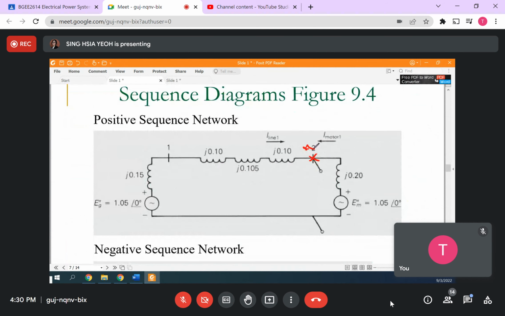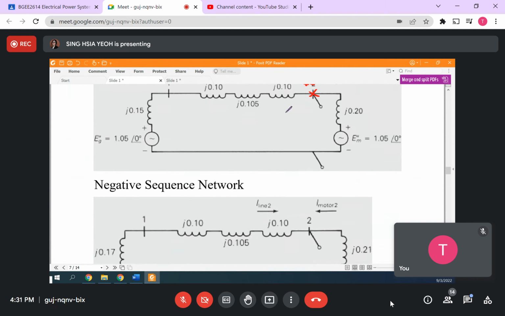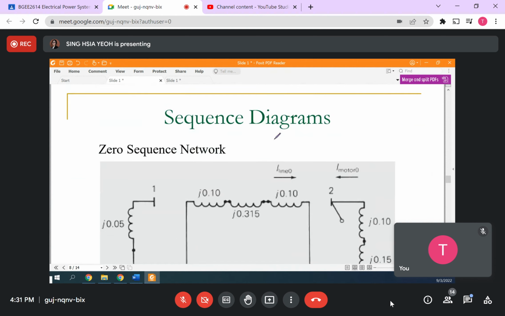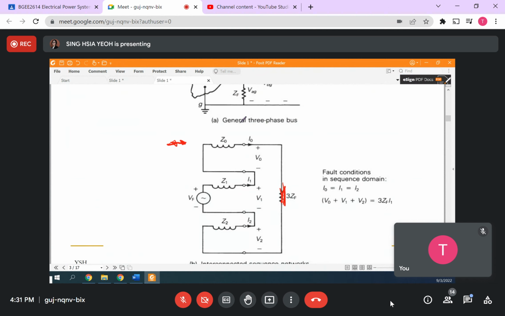After you draw the diagram out, you look inside the fault location and find the Thevenin impedance. The positive sequence gives you the Z1 value, the negative sequence gives you the Z2 value, and the zero sequence gives you the Z0 value. From Z0, Z1, and Z2, you substitute into here, then you can find I0, I1, I2, V0, V1, and V2. Should not be a problem because this is just a series circuit.